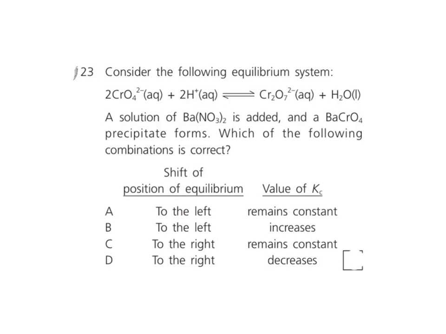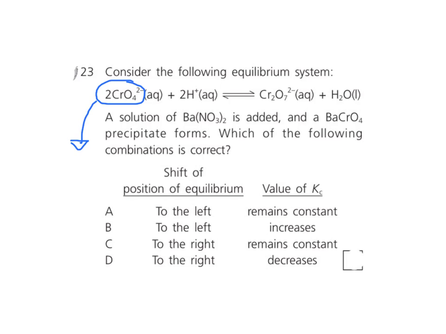Number 23, consider this equilibrium system, chromate and hydrogen ions, dichromate and water. This is one we saw in the lab. Chromate, we remember, is yellow, and dichromate is orange. A solution of barium nitrate is added, and barium chromate precipitate forms. If the barium chromate is precipitating, then we are essentially removing chromate from that equilibrium.